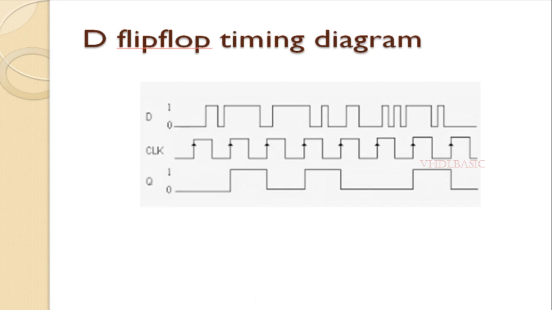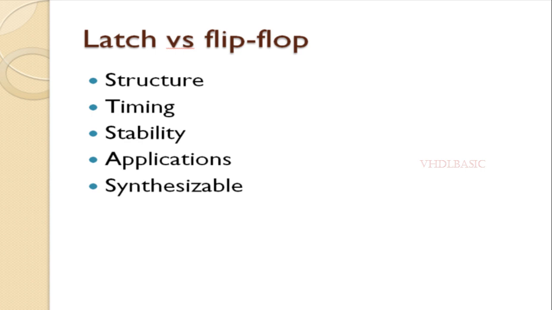Now we are going to compare latches with respect to flip-flop. If you take the structure, latches are level sensitive devices, meaning their output changes as long as the enable input is active.